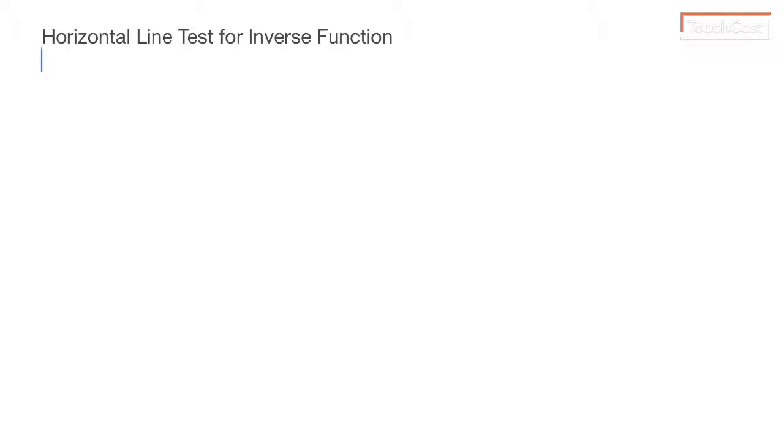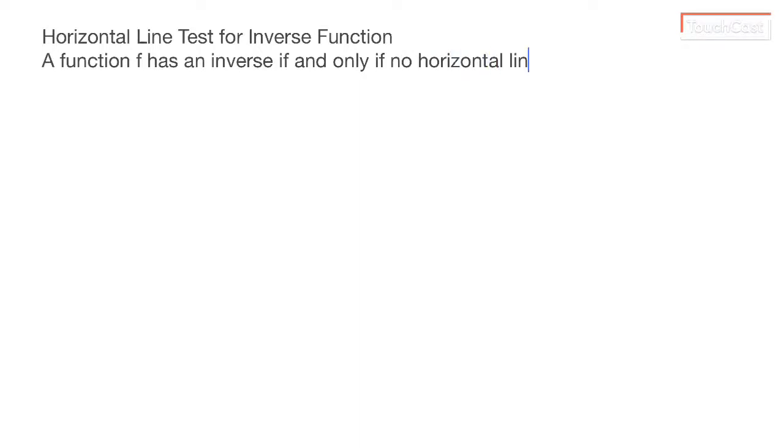So here's the little definition we're going to use for horizontal line test. We're going to say a function f has an inverse if and only if no horizontal line intersects the graph of f at more than 1 point.